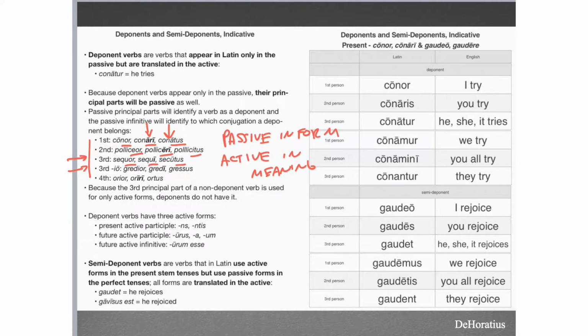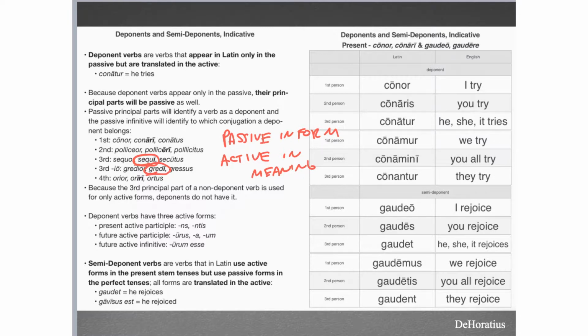All right, so you can see, and let me make some space here. Apologies. Let me get rid of some of this stuff so we can see a little better. There we go. All right, so you can see here and here. Those are the infinitives, and that is the present passive infinitive form of a third conjugation verb.